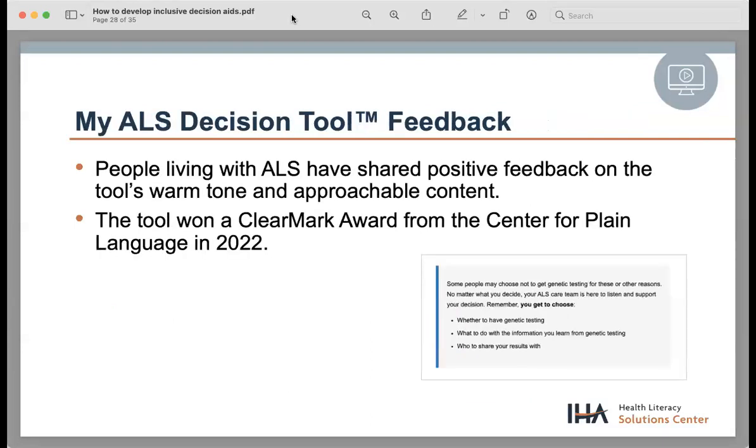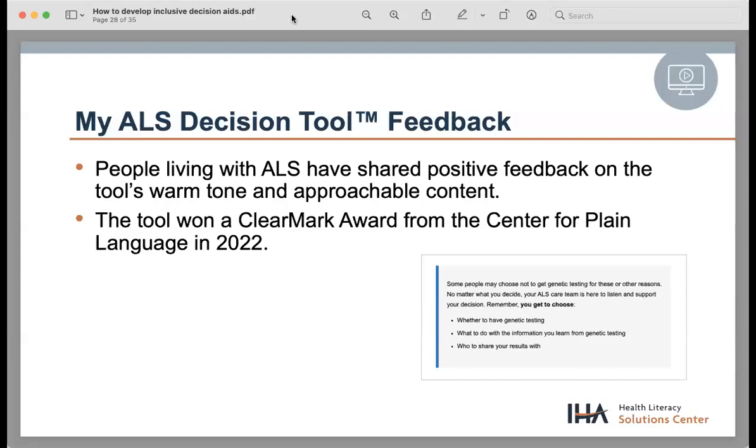So we've received some very positive feedback on the tool's warm tone and approachable content. We've had some great responses from people living with ALS and people who follow the My ALS Decision tool online. People have really appreciated this tool, and I think it's really filling a gap, that there's not a similar decision aid for ALS, at least in the US.